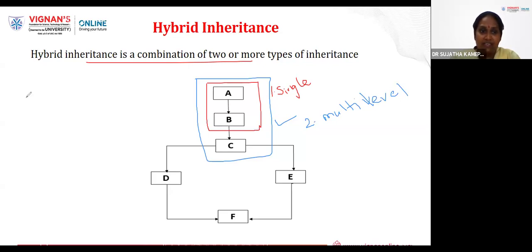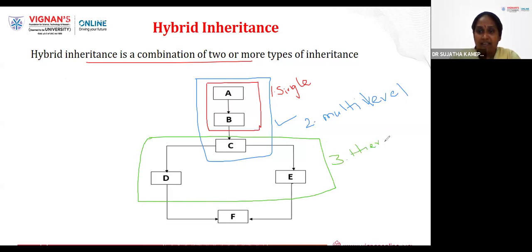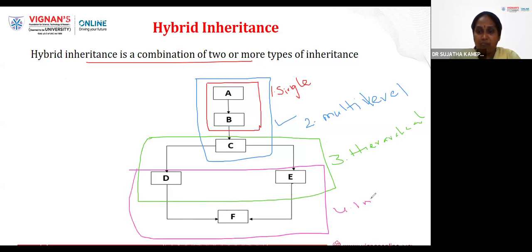Now, if you see this one, what is this? If you observe this one, this is to be called hierarchical inheritance. Now, if you observe this one, which is to be called multiple inheritance, right?